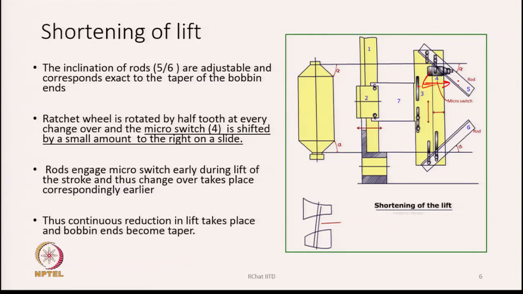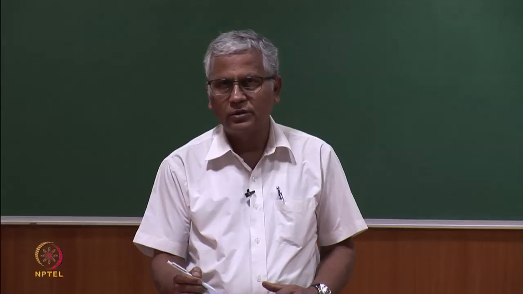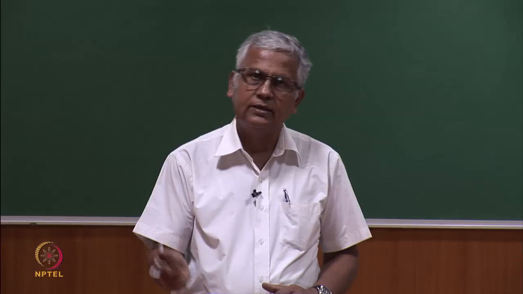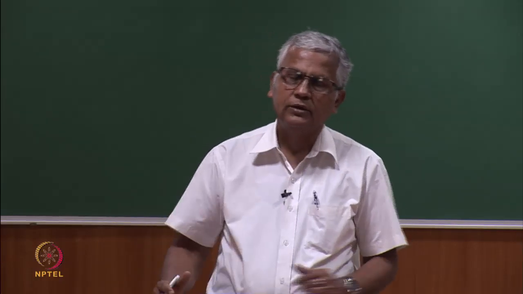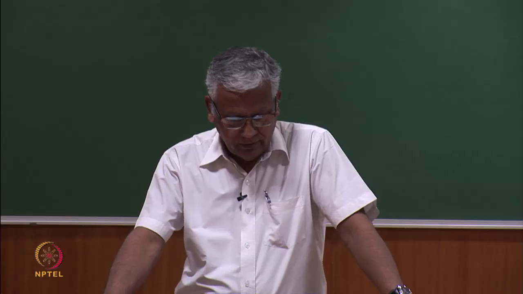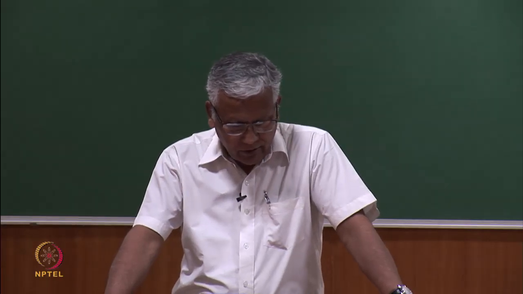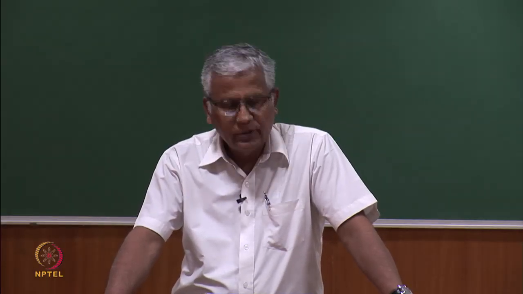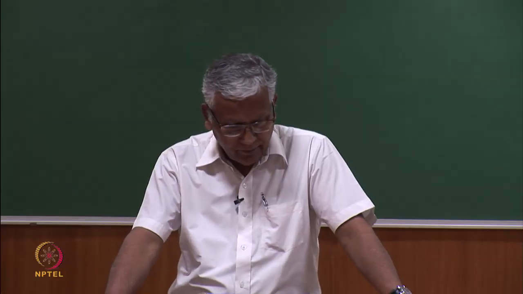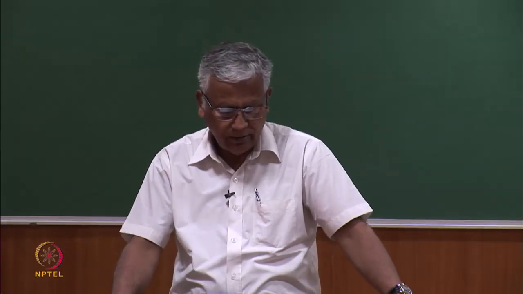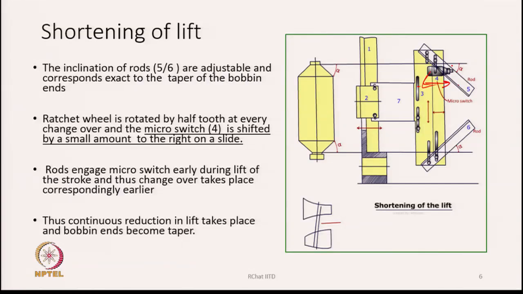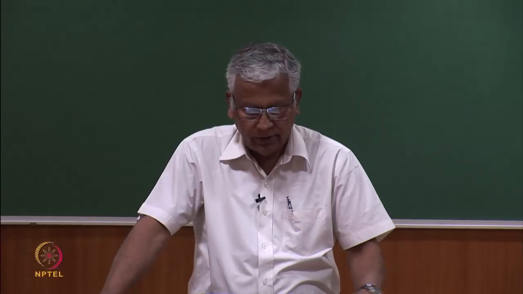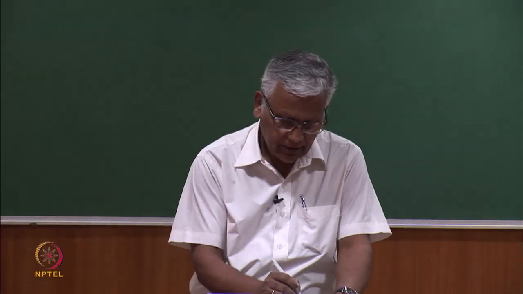Because the rod is inclined, in the next upward or downward stroke, it is going to be pressed a little early. The rods will engage the micro switch early during the lift, and the changeover will take place a little earlier. Thus, continuous reduction in the lift will take place, and the bobbin ends become tapered as well. So, this is how the lift is shortened.